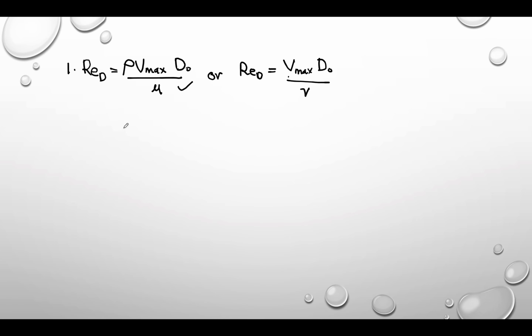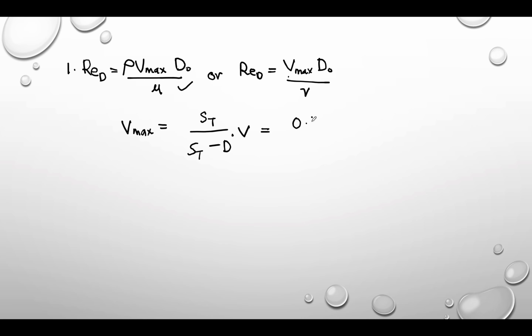But now we have an inline arrangement, therefore our V max equation is ST divided by ST minus D, times V. So we have to plug in all the values.